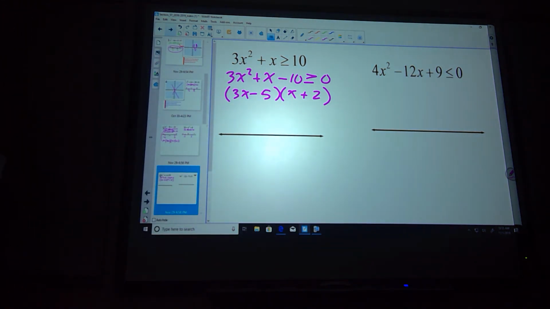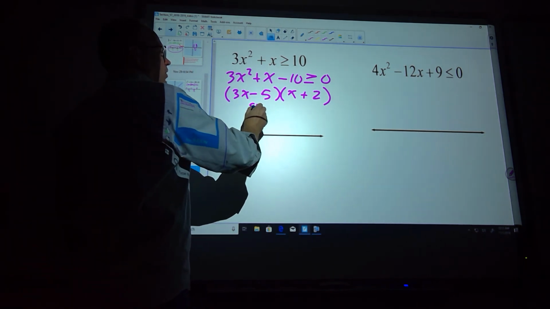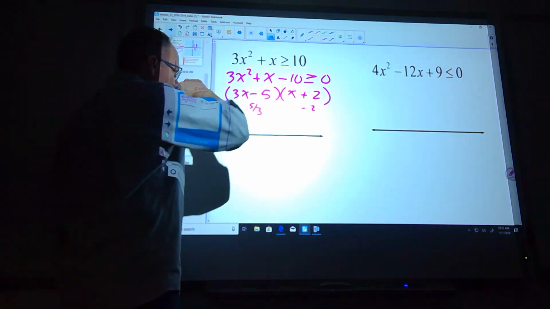Did I do that right? Yeah. So if I FOIL it, 3x times x is 3x squared. -5x plus 6x is +1x, -5 minus 2. Okay? If you can't do it and have to go by grouping, that's okay, but we're trying to speed you up. So this is going to give me 5/3. This is going to give me -2.